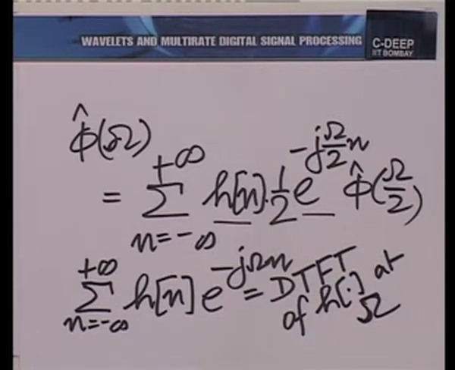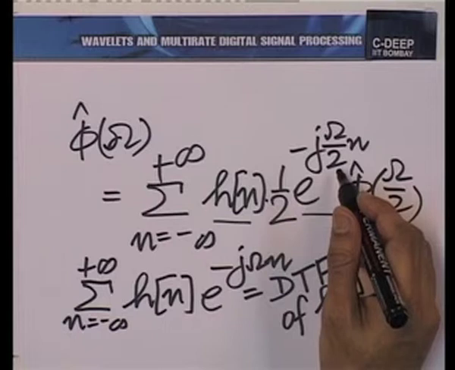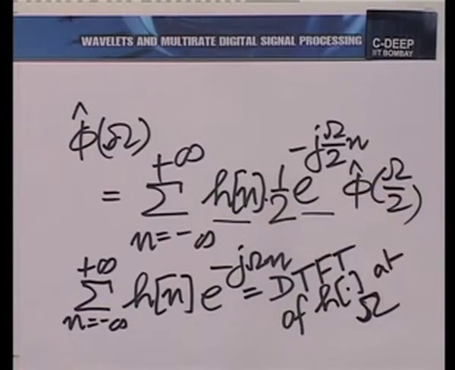So, all that we have done in this expression is that we have replaced capital omega by omega by 2, and we will again use the notation that we have been using.